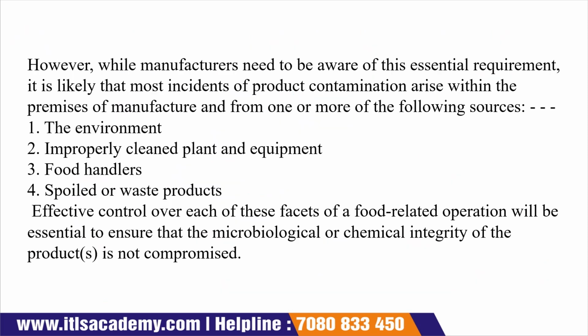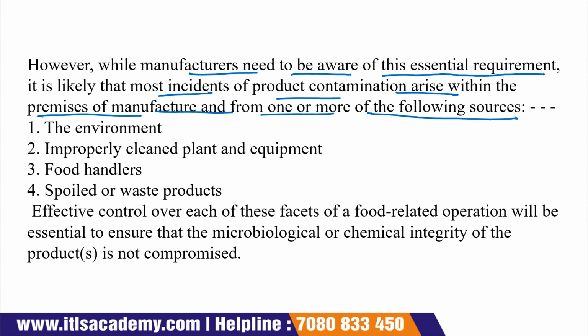Now the next is, however, while a manufacturer needs to be aware of this essential requirement, it is likely that most of the incidents of product contamination arise within the premises of the manufacturer and from one or more of the following sources.